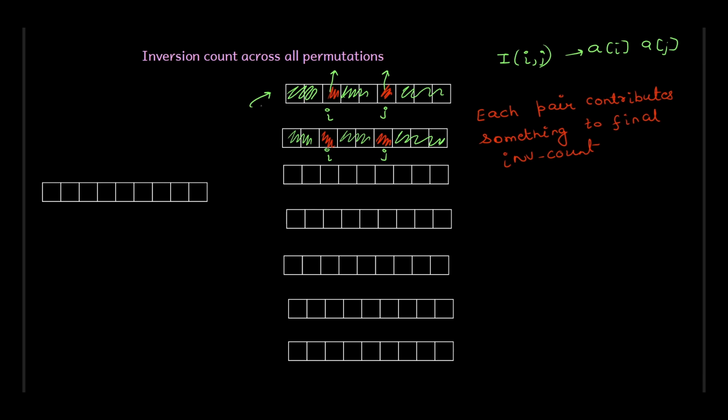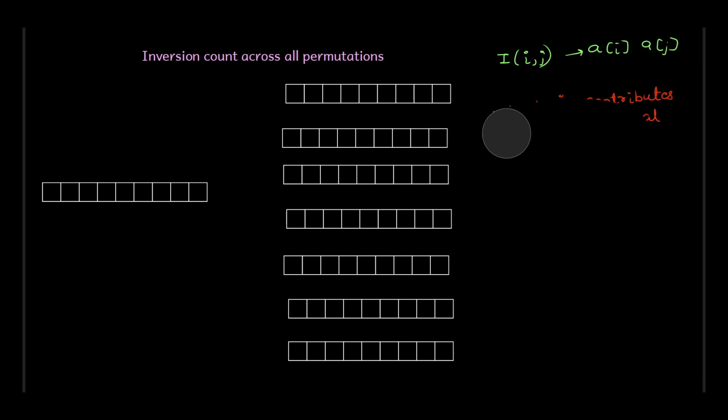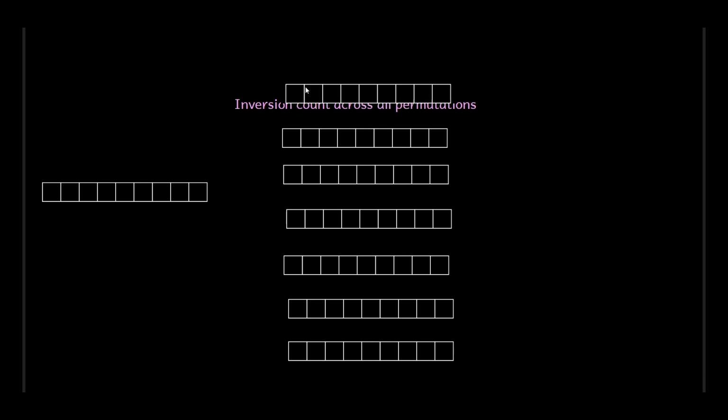So since these quantities do not matter, let's evaluate what can you actually place at I and what can you actually place at j and how many times.